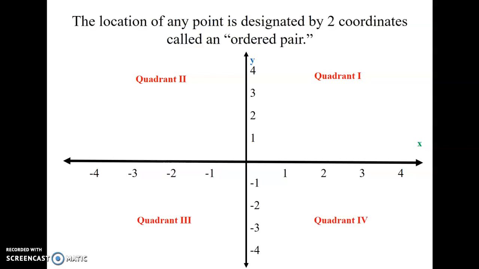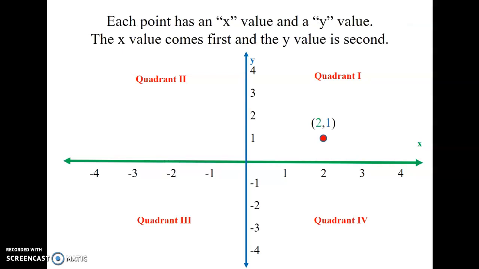Now, we locate a point by using what is called an ordered pair or a coordinate pair. And that's using 2 coordinates, an x and a y coordinate. So for example, this one here has an x coordinate, which always comes first, of 2. That's my x coordinate. And 1 would be my y coordinate.